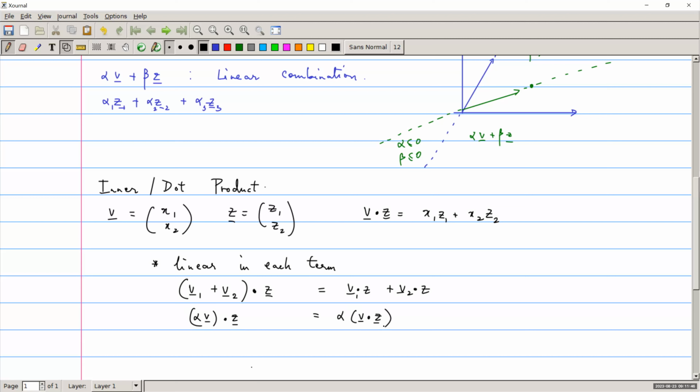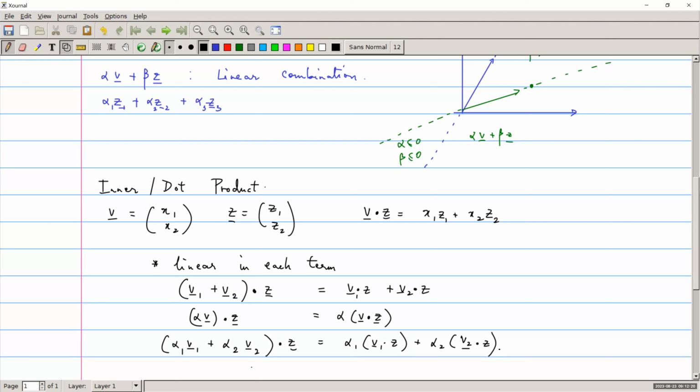So when you're looking at linear combinations, when you put the two of them together, alpha 1 times v1 plus alpha 2 times v2 dot z gives alpha 1 v1 dot z plus alpha 2 v2 dot z. So this is linearity in the first term.